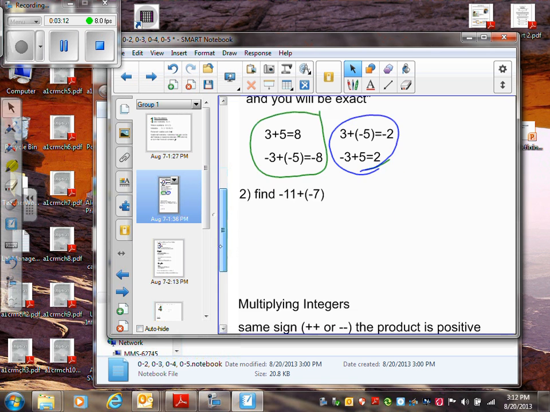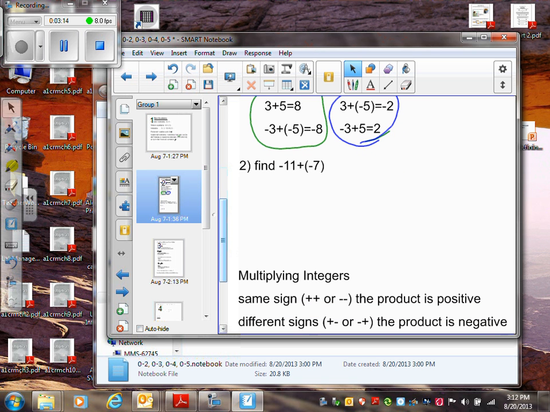So if we're doing an example, and we have -11 plus -7, what we just learned, as you can see with the -3, -5, same signs, add and keep.